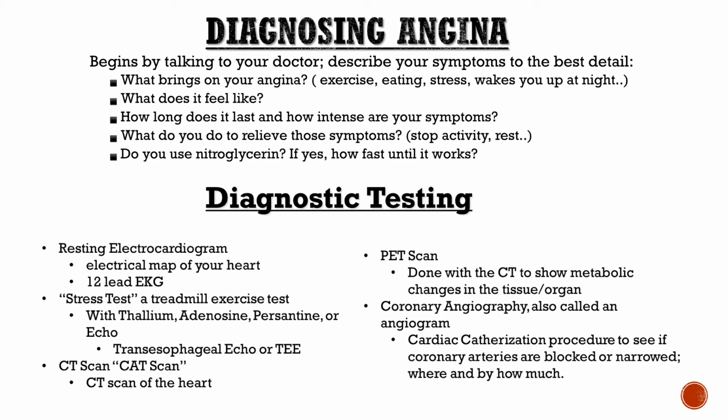He or she is going to determine what kind of diagnostic test is appropriate to determine what's going on that causes those symptoms. They can often start with a 12-lead EKG that's resting. If something abnormal shows up on that 12-lead EKG at rest, a treadmill test often follows so that your heart can be looked at under stress.